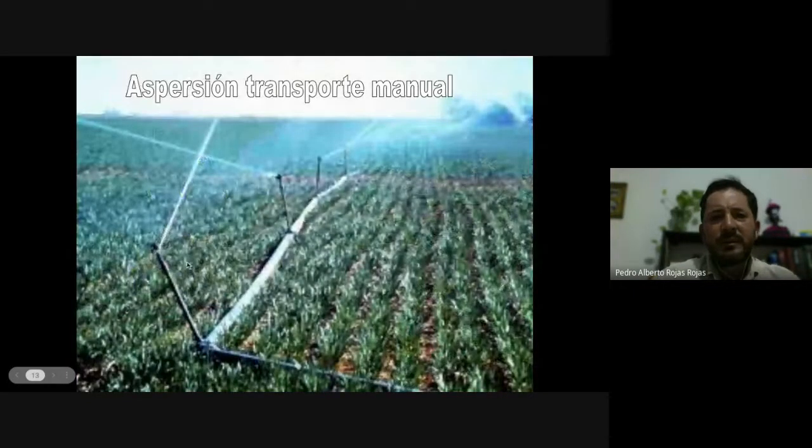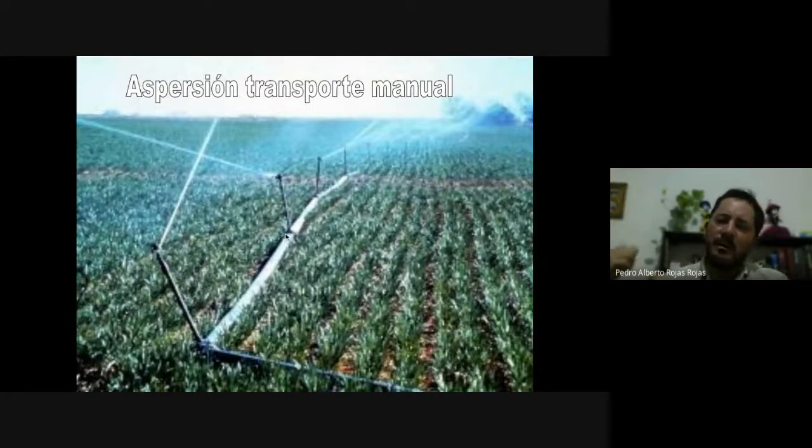There is an expression completely, and this is manual, because you can take the tubes, get in the truck, and move to different parts of the farm.